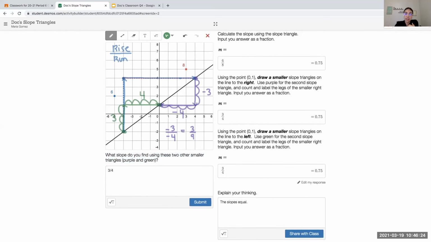So in this activity, you are going to be drawing slope triangles on these lines. And keep in mind that when you have a bigger triangle, you have a fraction that is not simplified. When we have a smaller triangle, you have a fraction that is simplified.